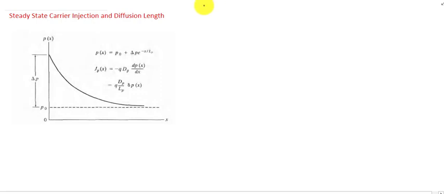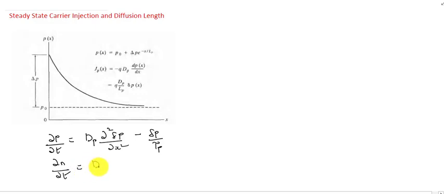So we have derived two equations, that is ∂p/∂t equal to Dp ∂²δp/∂x² minus δp/τp, and ∂n/∂t equal to Dn ∂²δn/∂x² minus δn/τn.